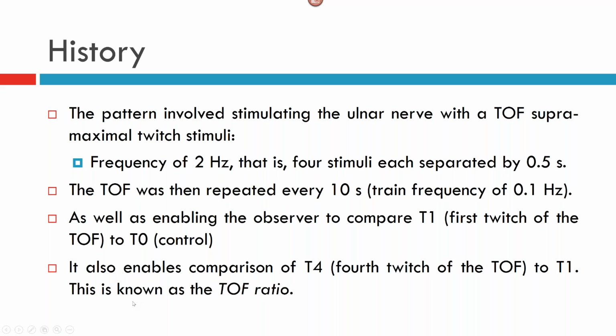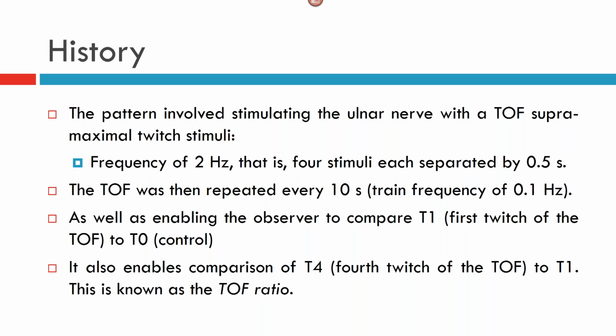So going for the history, just a brief history, the pattern involved stimulation of the ulnar nerve. The initial pattern was to stimulate the ulnar nerve with 4 twitches, with supramaximal stimulation and a frequency of 2 Hertz for 2 seconds. So 4 stimuli with every stimulus half a second apart.